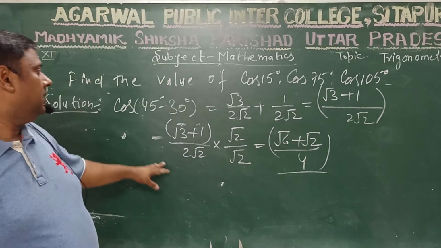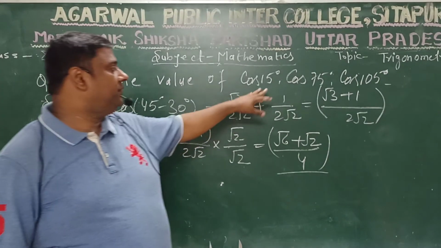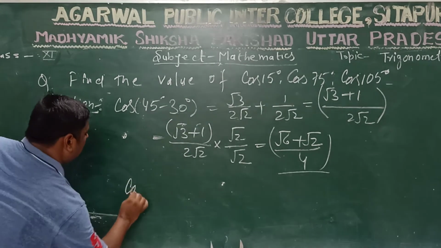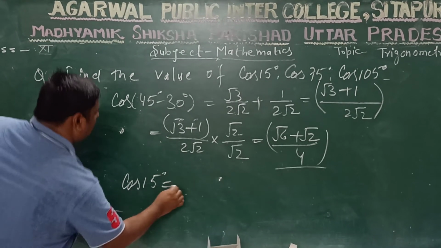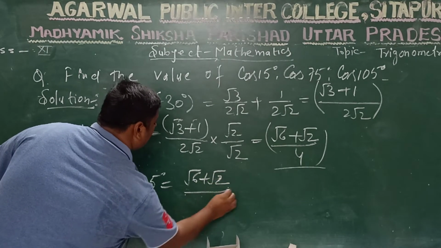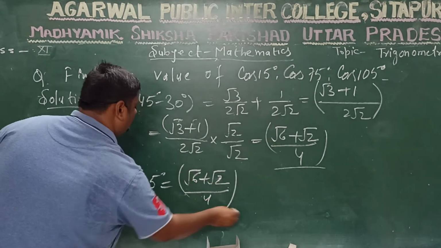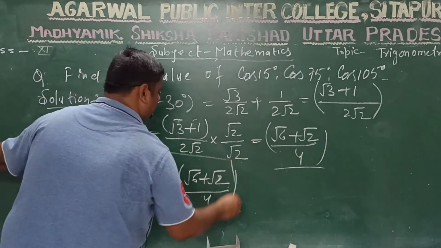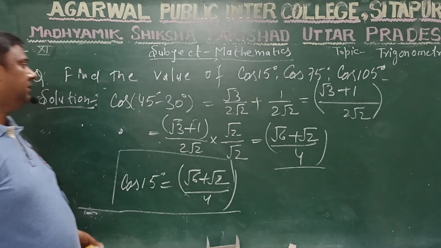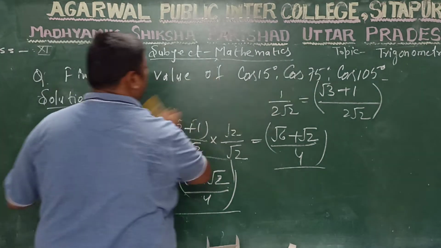Okay, my dear students, this is the final answer of cos 15 degree. Cos 15 degree is equal to root 6 plus root 2 upon 4. Okay, my dear students, this is your answer. I think you have noted it. So we have to start another question.